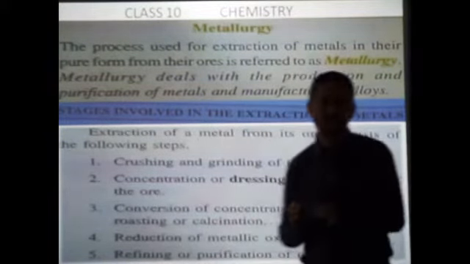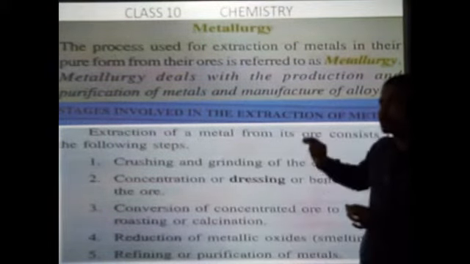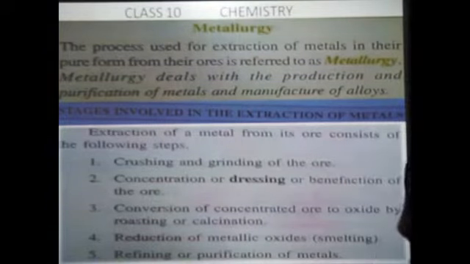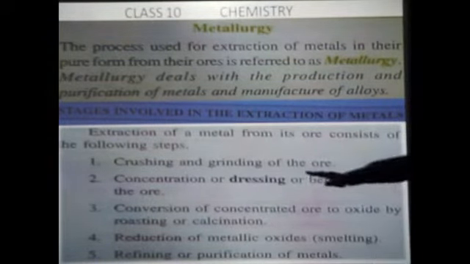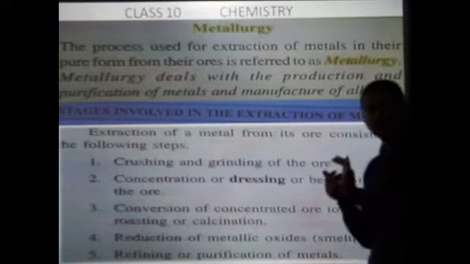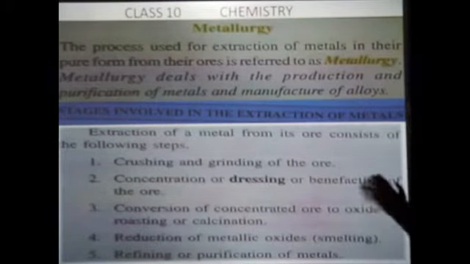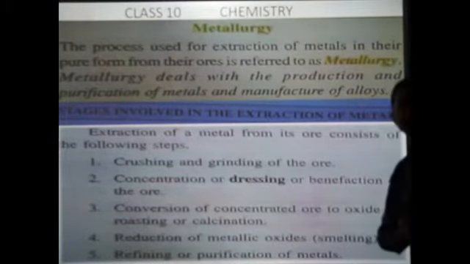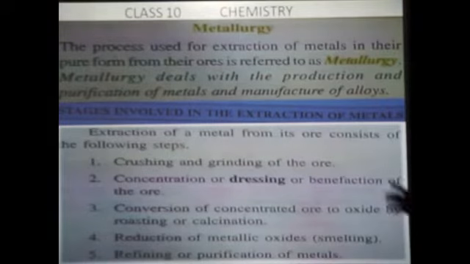We convert the ore into its oxide form, and this can be done in 2 ways, roasting and calcination. Then after it is converted to oxide, number 4, we reduce the oxide to metal.